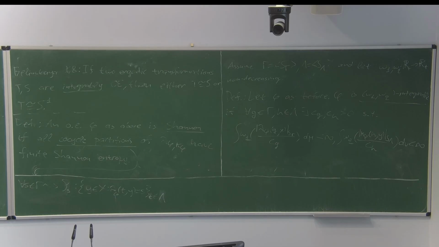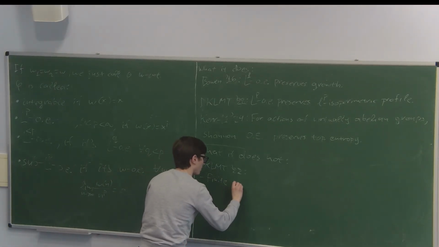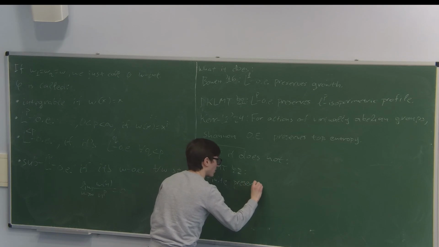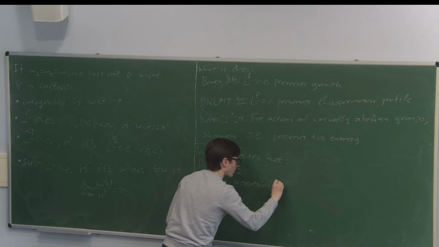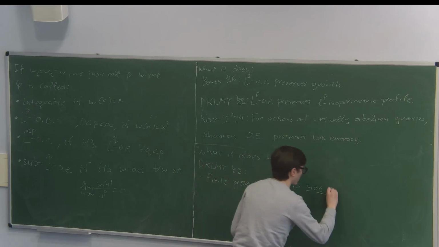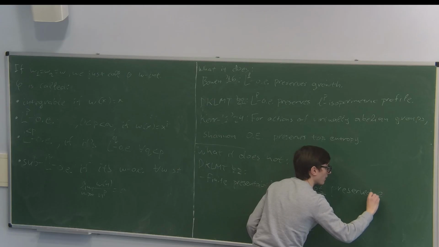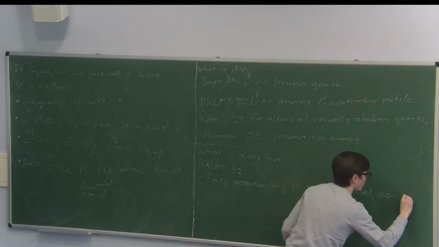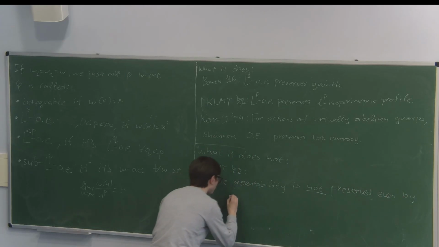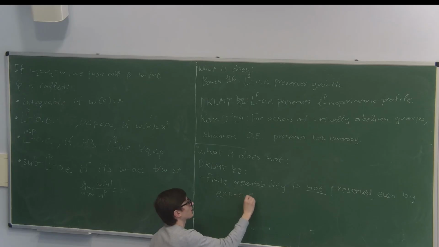So finite presentability is not preserved by exponential orbit equivalence, and also finite asymptotic dimension.